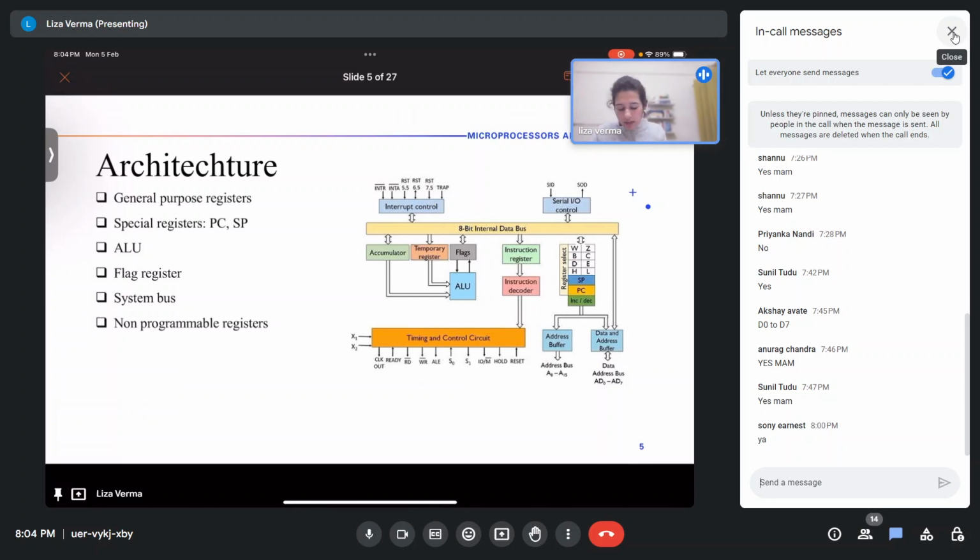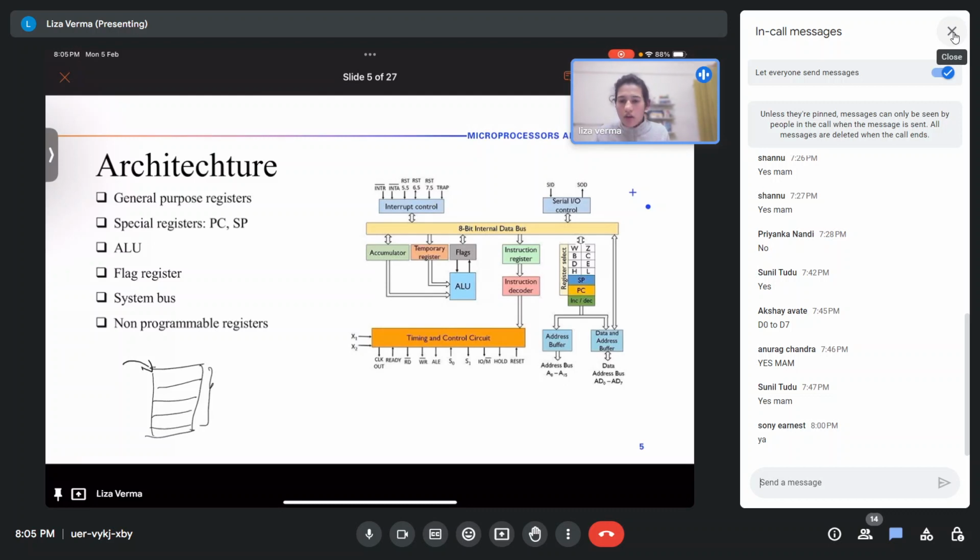So stack is just some memory locations reserved for push in or pop out instructions. So stack will be a set of locations, and the stack pointer will point to the topmost address of the stack.